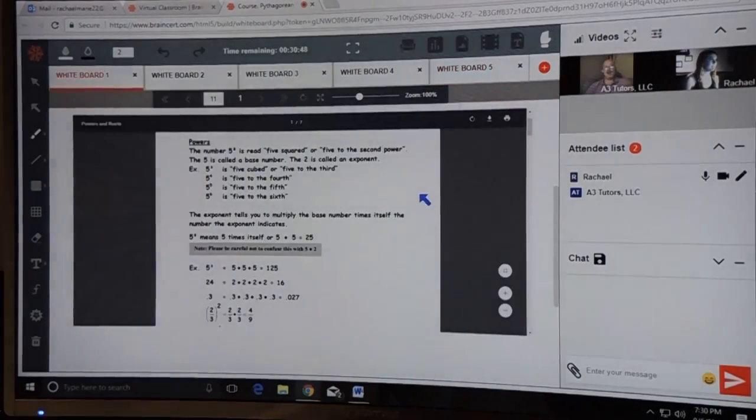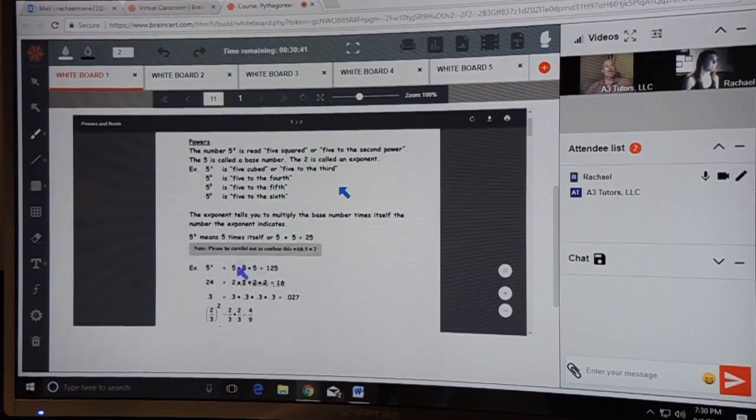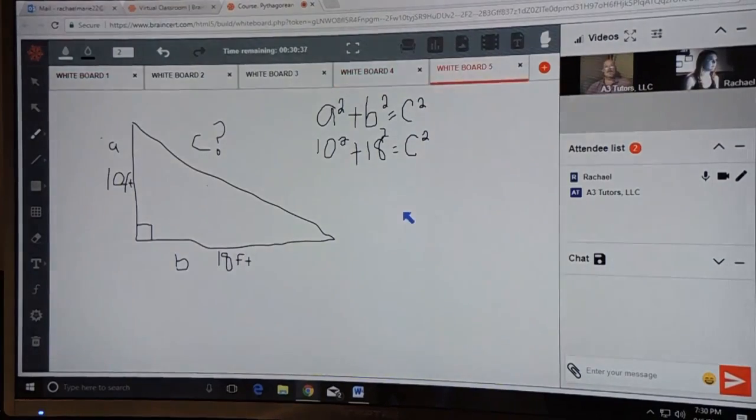Here we have the powers, and we need the exponents. So let's solve this. What is 10 squared? 100.